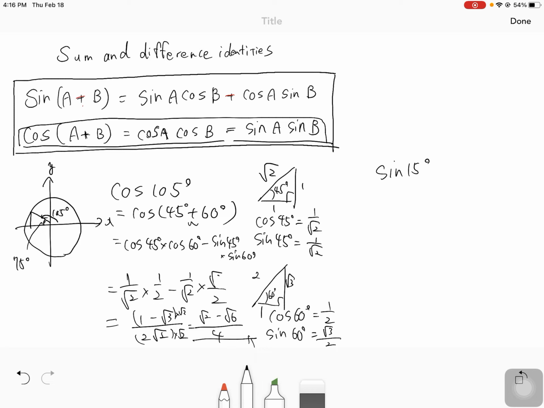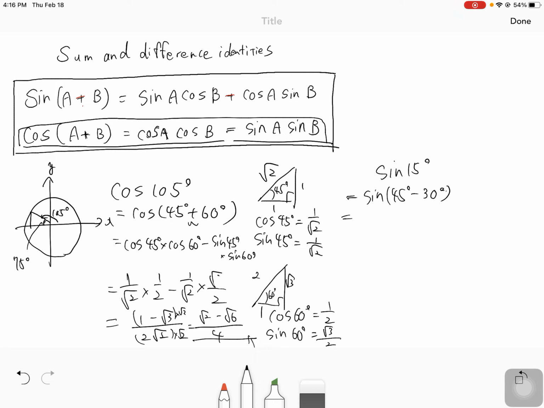Again, it's pretty hard to calculate without a calculator, but if you use sum and difference identities, you can easily find the value. How do you convert it? You can convert it like this, because 45 minus 30 is 15.